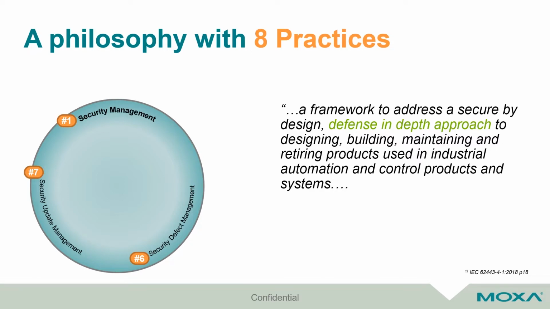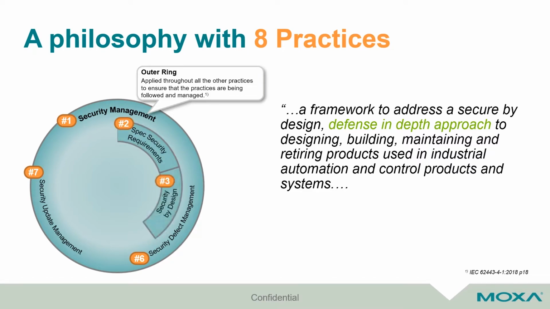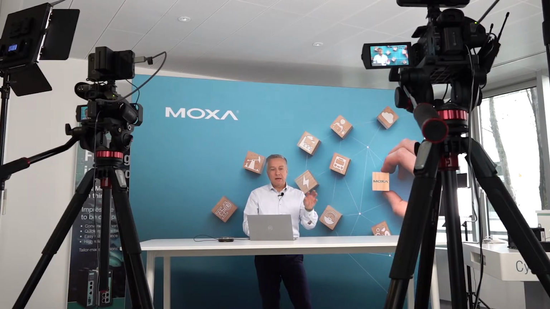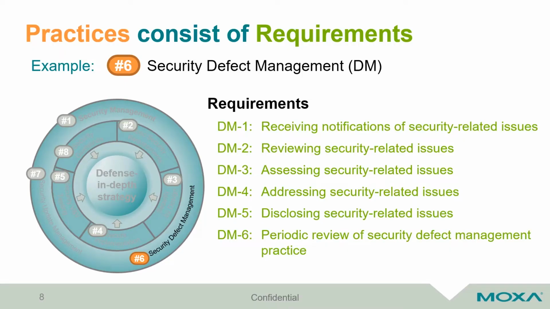And the inner ring, which is repeated iteratively over time, starting from specific requirements and ending up in security guidelines. This is a ring that has to be run again and again, increasing the maturity of the secure development lifecycle. Let's look into an example to show what that means, and we look now into practice number 6, the security defect management.